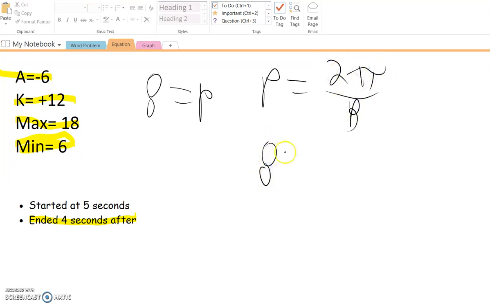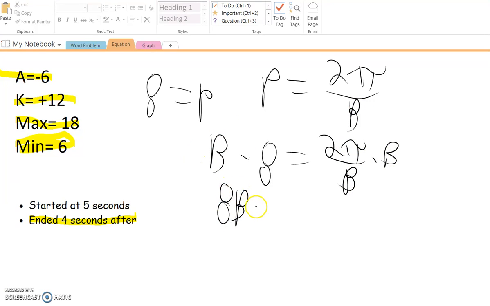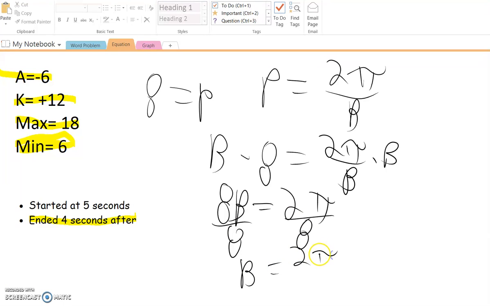So 8 would equal 2 pi divided by b. You multiply both sides by b because we're trying to get b by itself. So 8b is equal to 2 pi. Then we divide by 8, so b would equal 2 pi divided by 8. Since these two are very similar, divide by 2, make this into 1, make this into 4, and we finally know that b is equal to pi over 4.